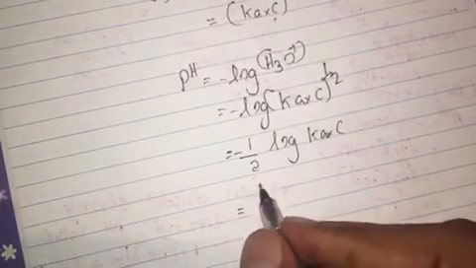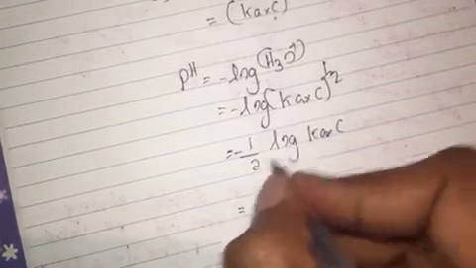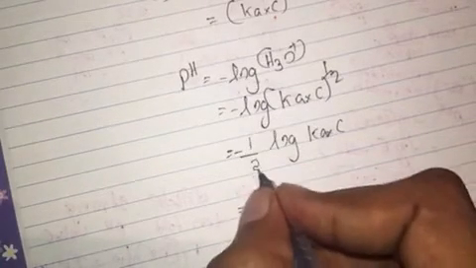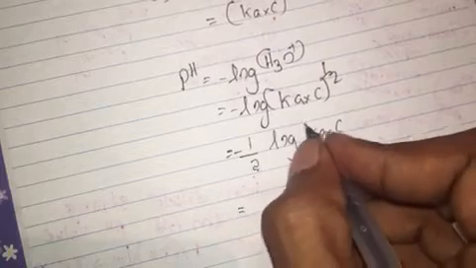Now we can again modify this, minus 1 over 2, common to Ka.